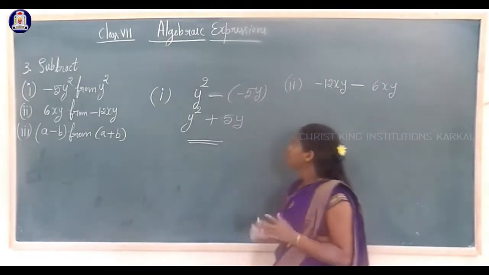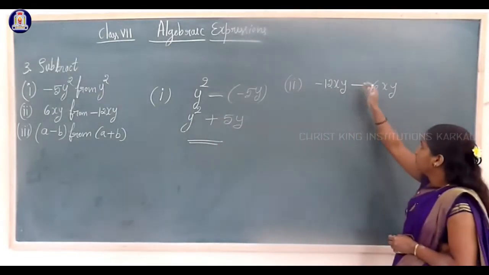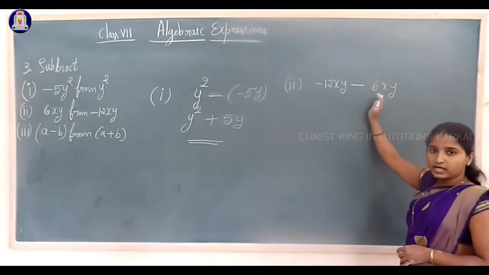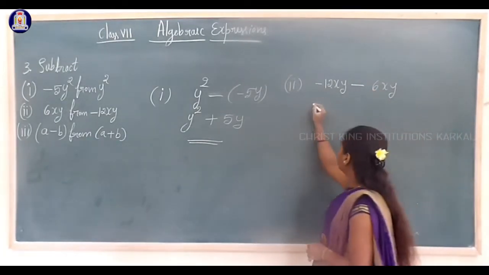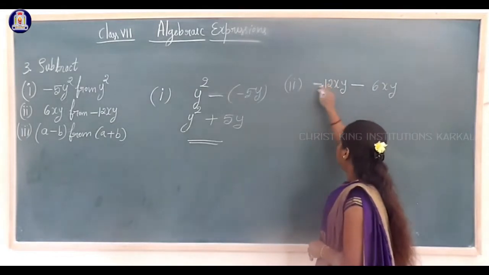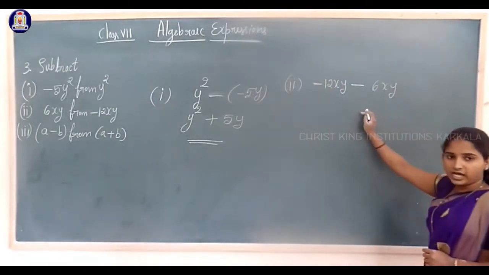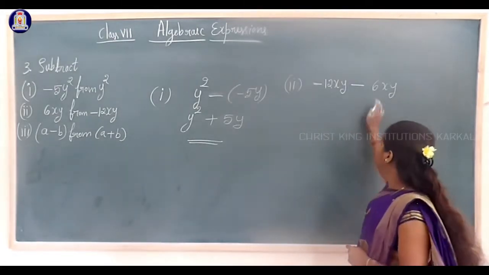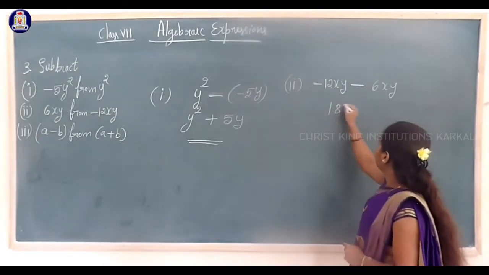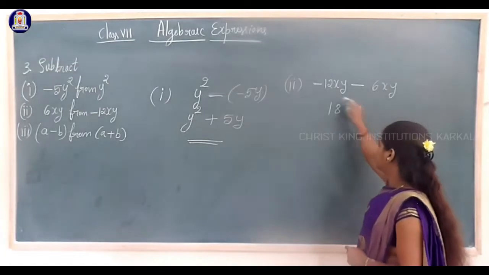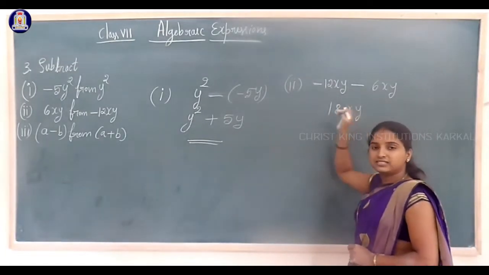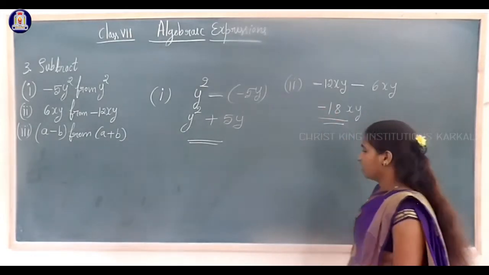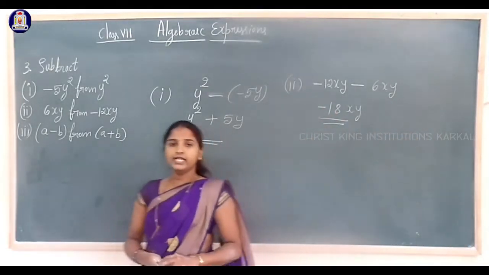So minus 12xy minus 6xy. Now the signs are the same, which means addition. 12 plus 6 is 18xy. Same sign, addition, and the greater number is 12, whose sign is minus. So the answer is minus 18xy.